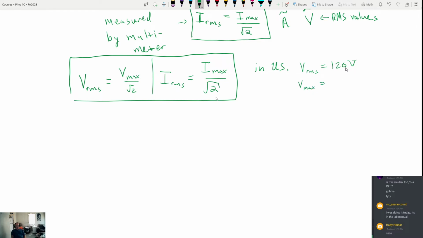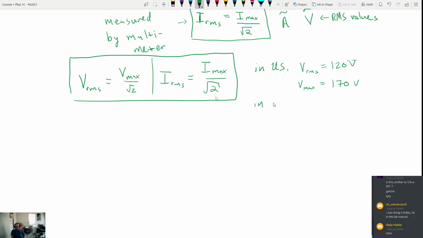If you take 120 and multiply by the square root of 2, which is about 1.4, I believe you get 170 volts. Let me just check. 120 times square root 2 is almost exactly 170. So in the United States, those are the values that we use. And in other countries, they use different things.